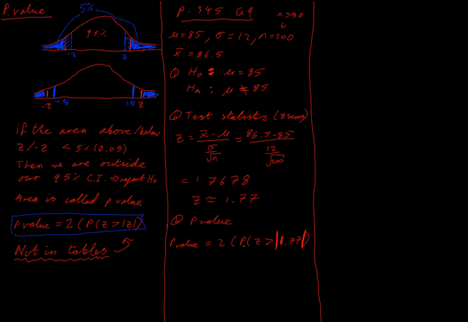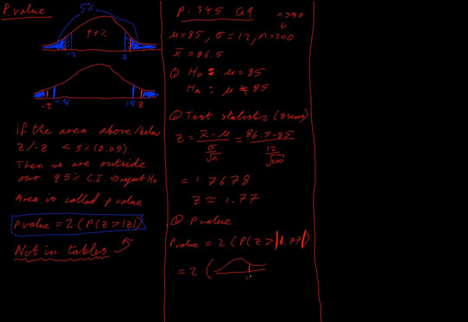Now, we recognize that our statistics table doesn't give us z above a particular value. It gives us z below. So we're going to have to do our method of recognizing that we could do 1 minus z less than this number. I'm going to draw it as a picture because that's how I tend to do things.